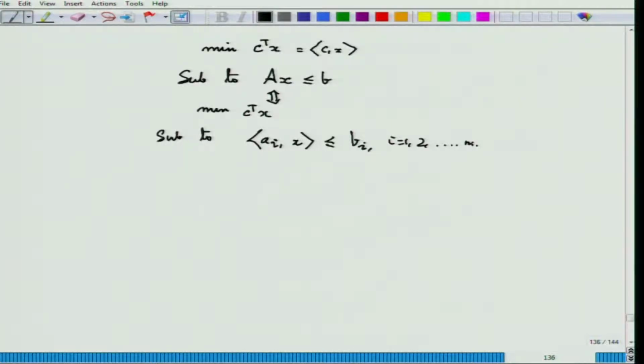Now, we will assume for this particular problem, LP 1, I am calling it 1, I do not know why, but just calling it 1. So, let LP 1 have a lower bound.